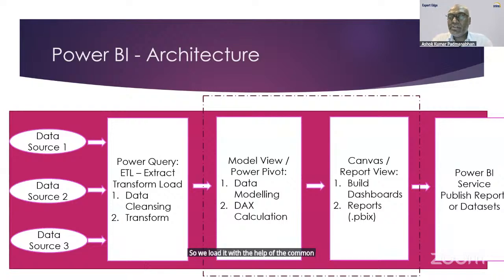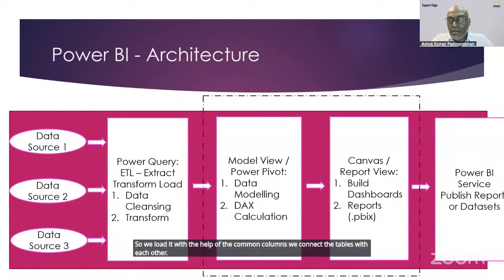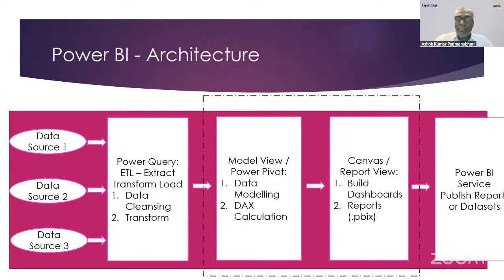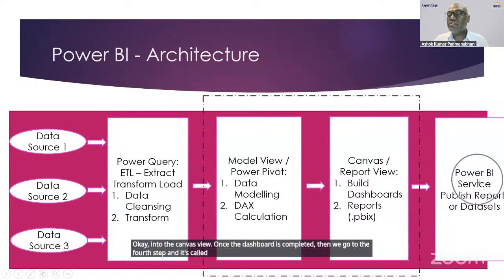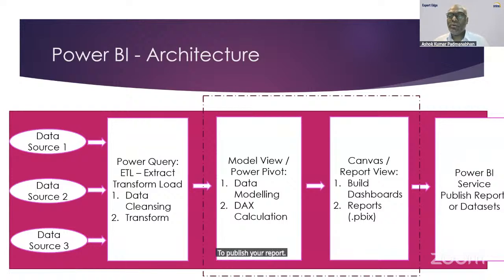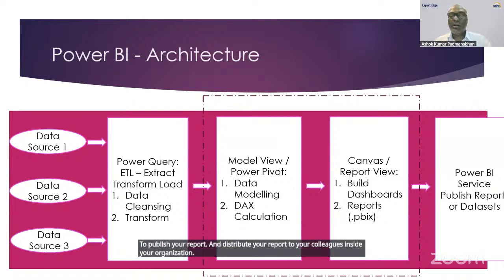That is called data modeling. The third step is to start creating your dashboards in the canvas view. Once the dashboard is completed, we go to the fourth step, Power BI service, to publish your report and distribute it to your colleagues inside your organization. So this is the architecture of the Power BI.